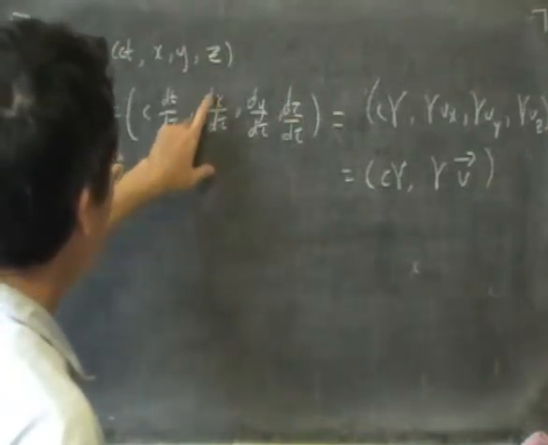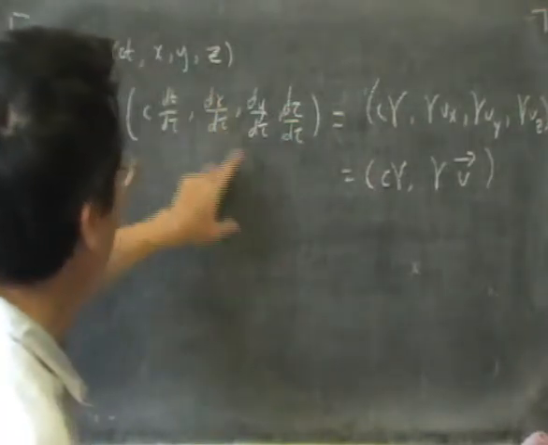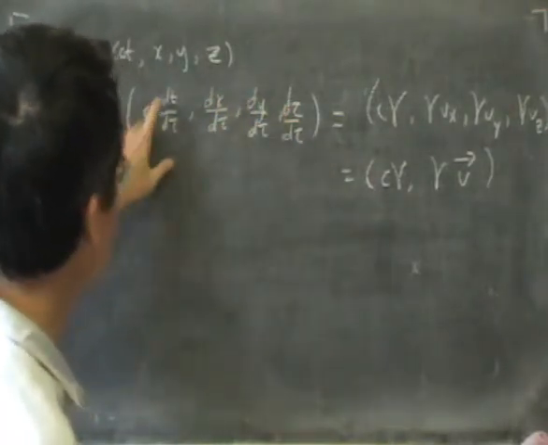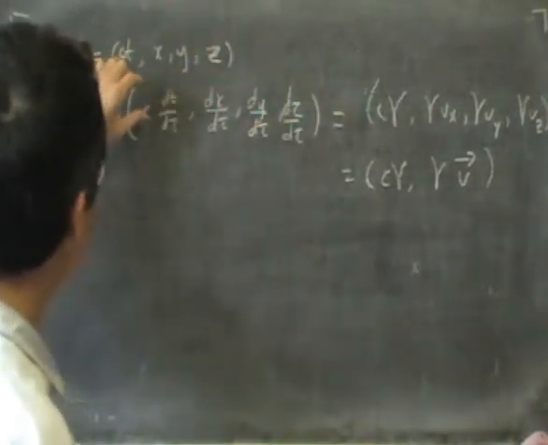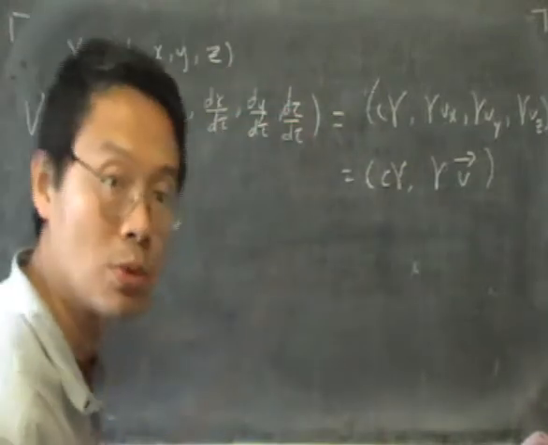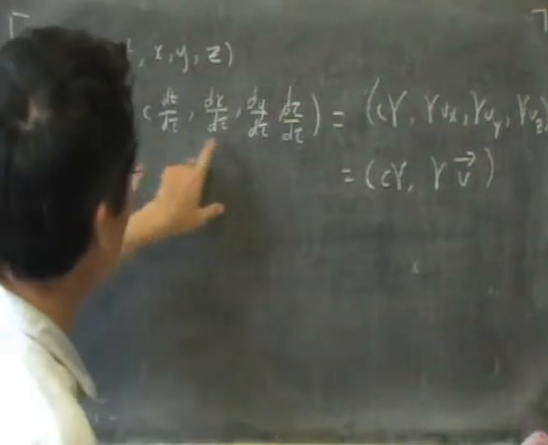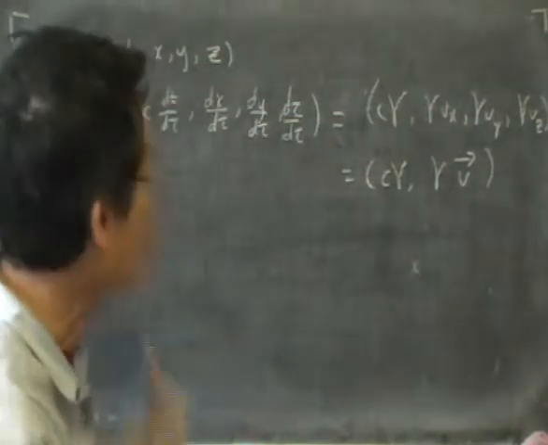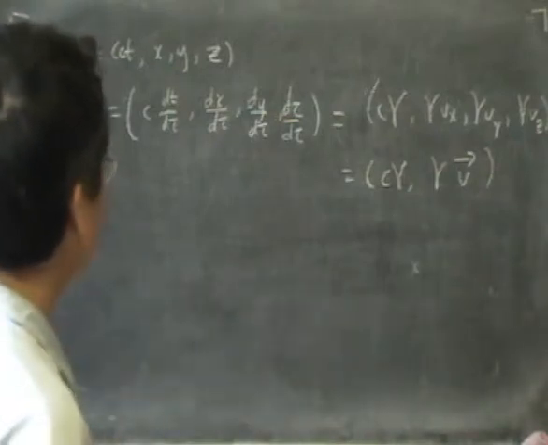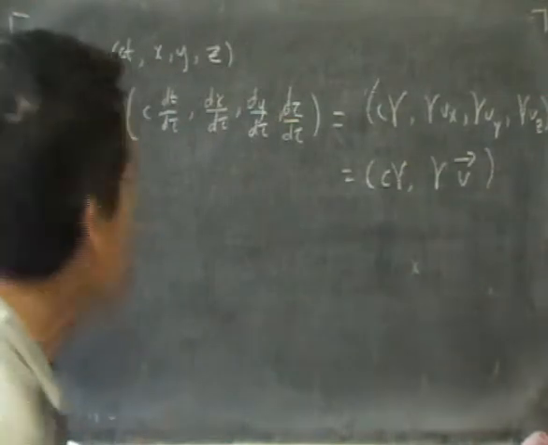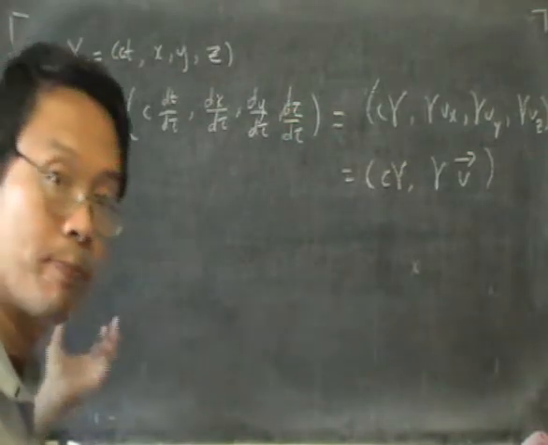So therefore, for example, dx should transform according to the Lorentz transformation, likewise for dy and dz and c dt. So this whole set of things in the numerator would transform the Lorentz way. Now the d tau at the bottom is just a constant factor, so it's just a multiplying factor, and together therefore it will just follow the Lorentz transformation, and that's the reason why V is a 4 vector.